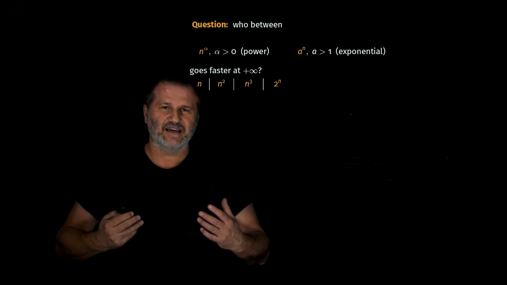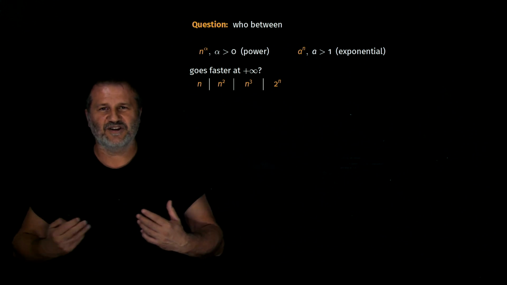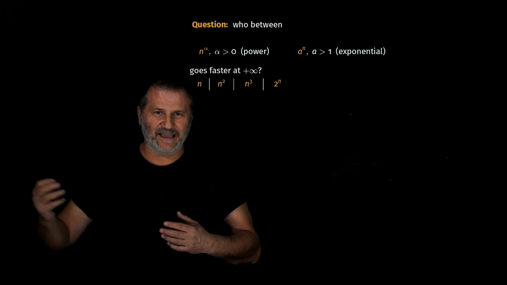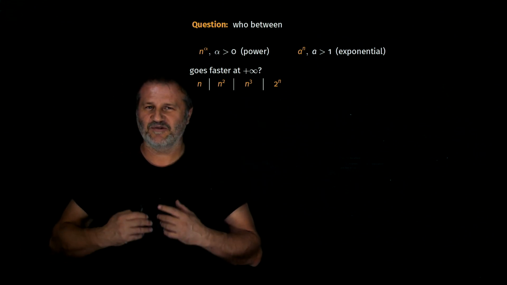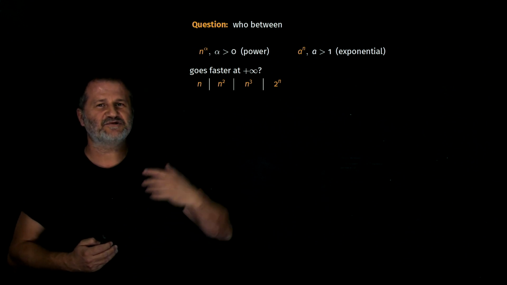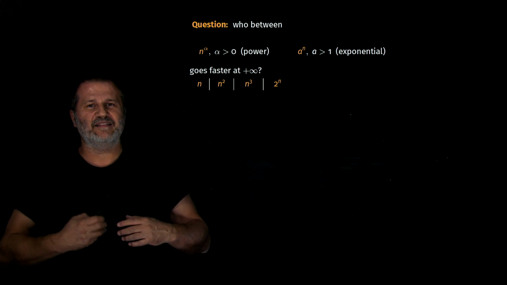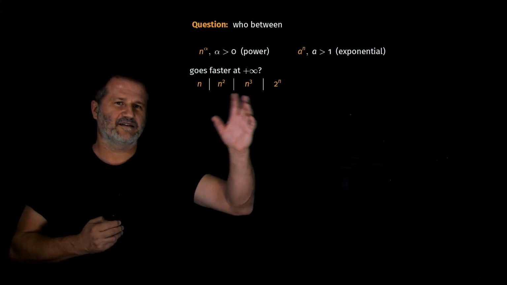Of course, the first 10 values of a sequence say nothing about what happens for n going to plus infinity. Nevertheless, in this case something interesting can be guessed from this behavior, and then we will take this as a general statement later.